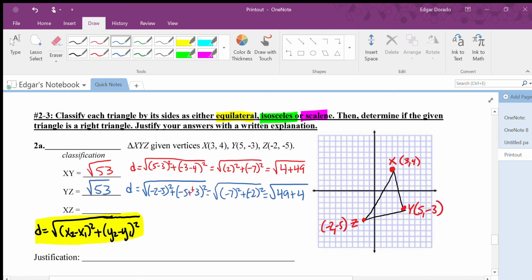All right, so right off the bat, I can already tell I'm not going to have a scalene because I already have two sides that are equal to each other. So this is either going to be an isosceles or an equilateral. So let's go ahead and find our last one. And technically, we already did this work, so I'm just going to run through this fairly fast. It was negative 2 minus 3, and then negative 5 minus 4.